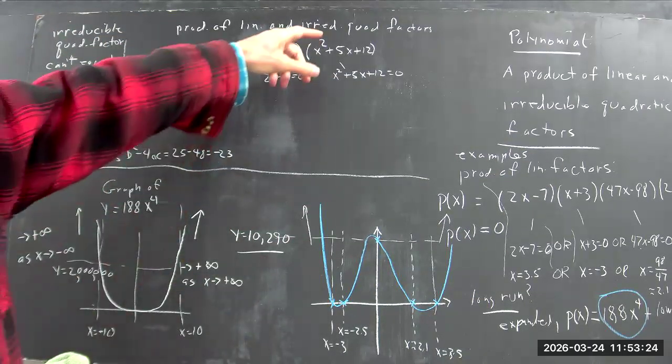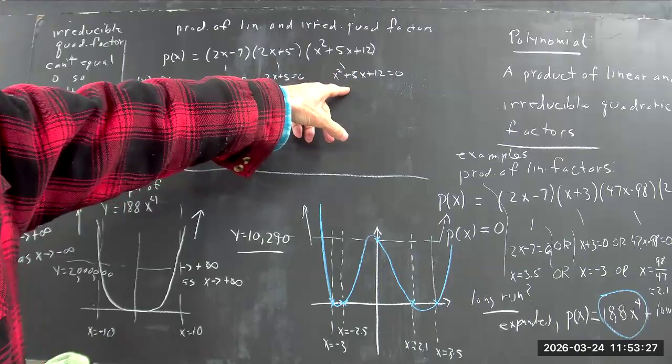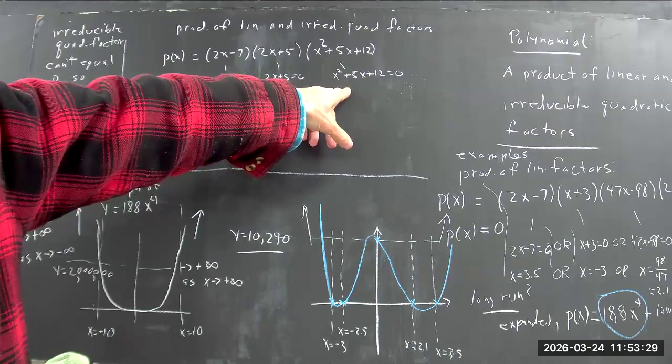You don't have to figure out whether this is irreducible, because you're going to figure it out when you set it equal to 0.